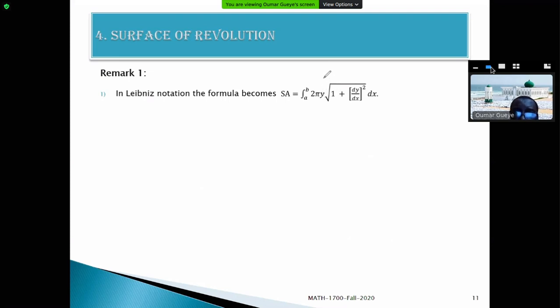This y represents your f of x, and if y is equal to f of x, dy by dx is the derivative of y with respect to x, and the other notation is just f dash of x. It's the exact same formula, just different writing, the same as the one at the bottom of the previous slide.